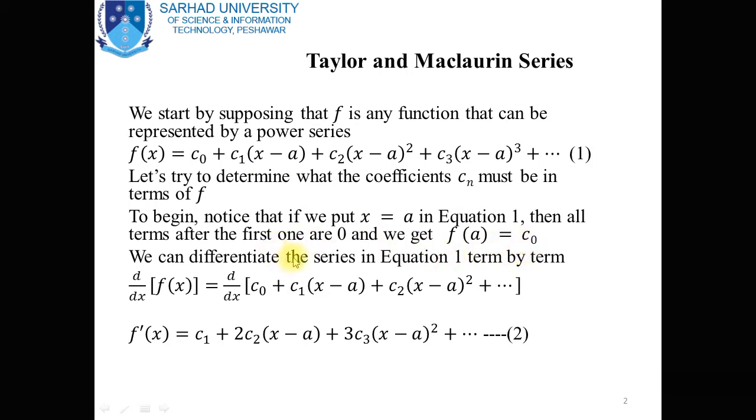We can differentiate the series in equation number 1 term by term, like you see over here. Taking the derivative with respect to x of the function f(x), and the derivative of the right hand side, d/dx of c0 + c1(x - a) + c2(x - a)^2 + and so on.